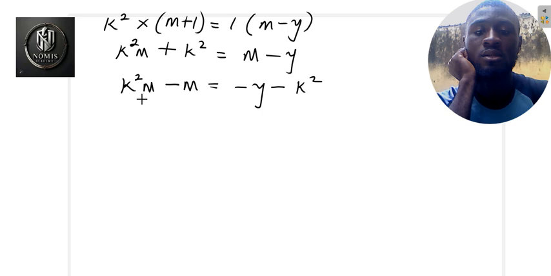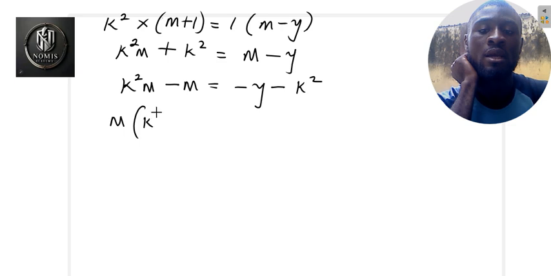Now we can factorize M out of this part of the equation. M multiplied by K squared gives us K squared M, so it remains minus, what do we multiply by M to give us M? 1, correct. So we factorize that out, equals minus Y minus K squared.